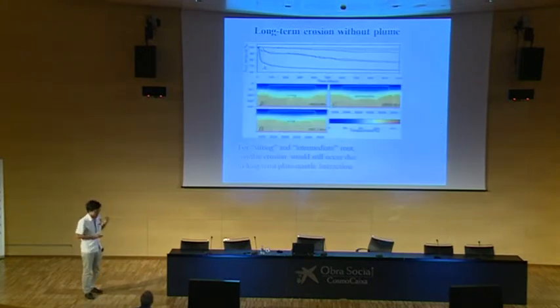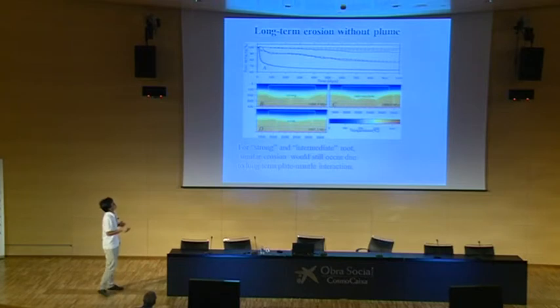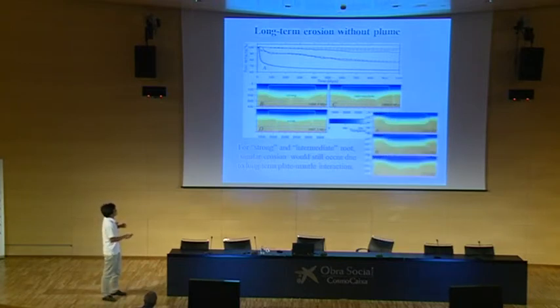And in order to show the plume effect, I ran a model with no plume, and with a strong root and an intermediate weak root. What I found, if we compare them, is that this model runs for more than a billion years.